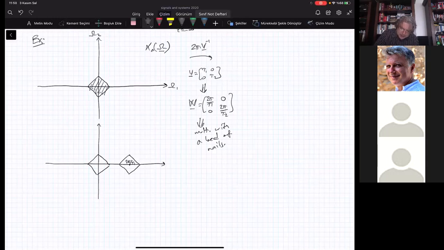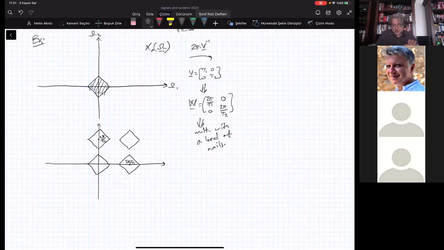2 pi over T2, which is here. So we have this kind of repetitions, horizontal and vertical.